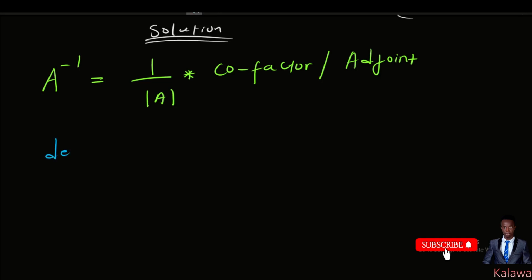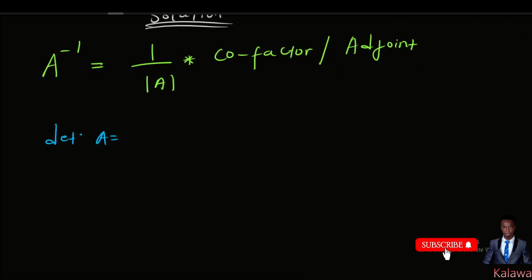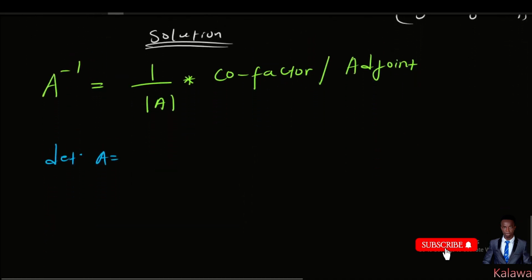So the determinant of A must be equal to, in order to find the determinant of A, we can take any row or column from the matrix. Let me just take the elements out so you can see clearly.